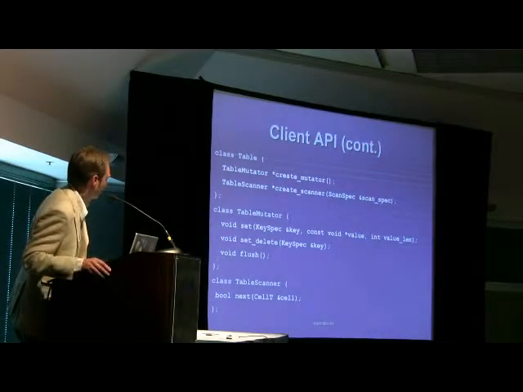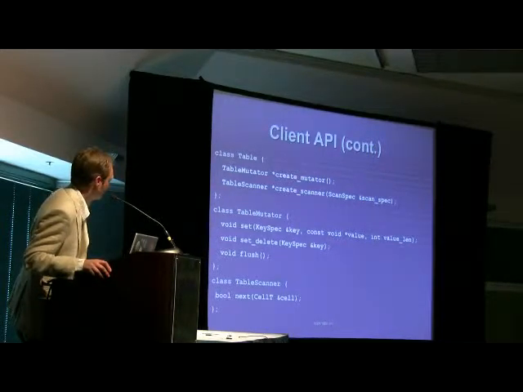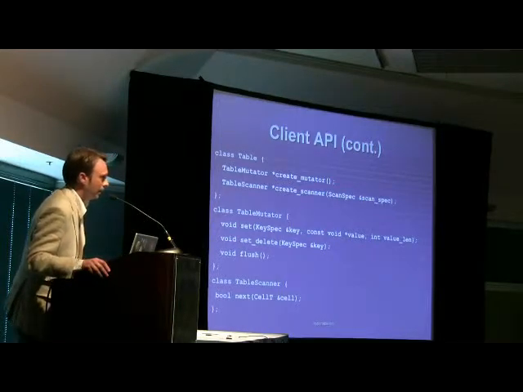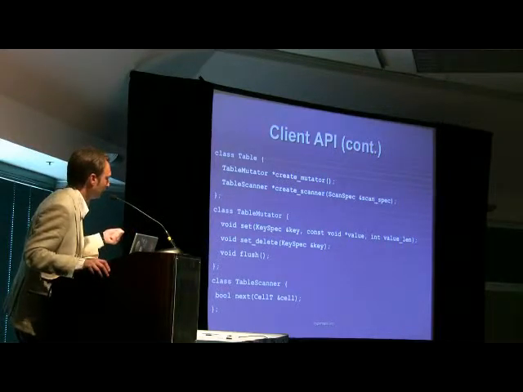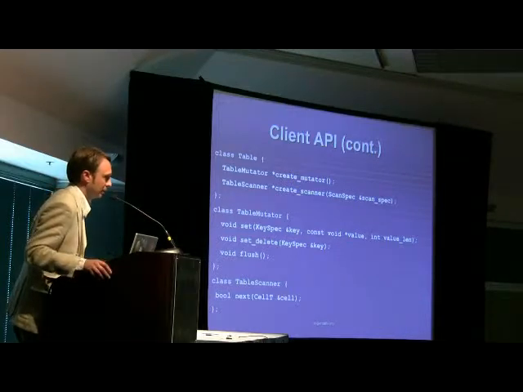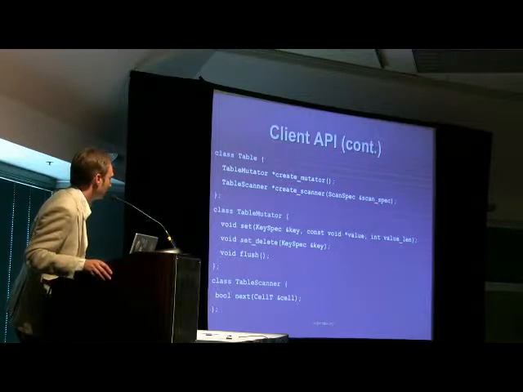We have this table abstraction, and it's pretty simple. It just has two methods: create mutator and create scanner. A mutator is how you insert data into a table or delete rows and cells in a table, and a scanner is how you scan over ranges of a table, or essentially do queries.